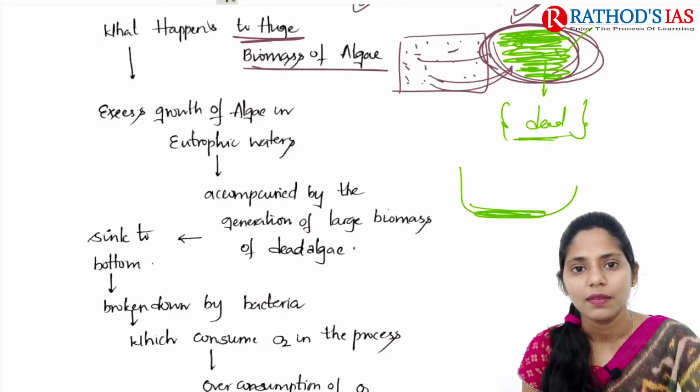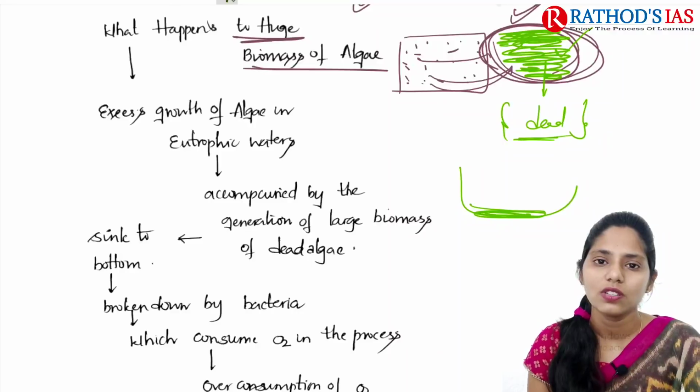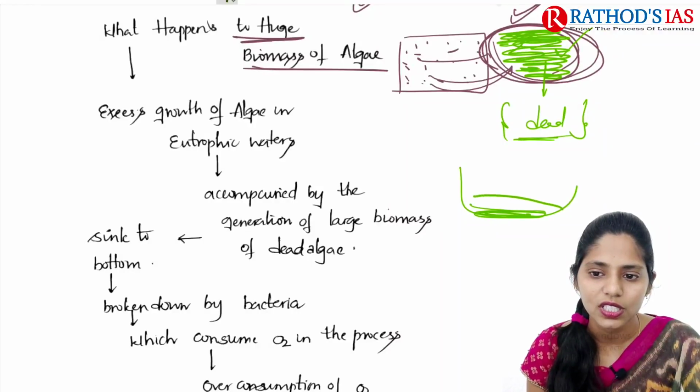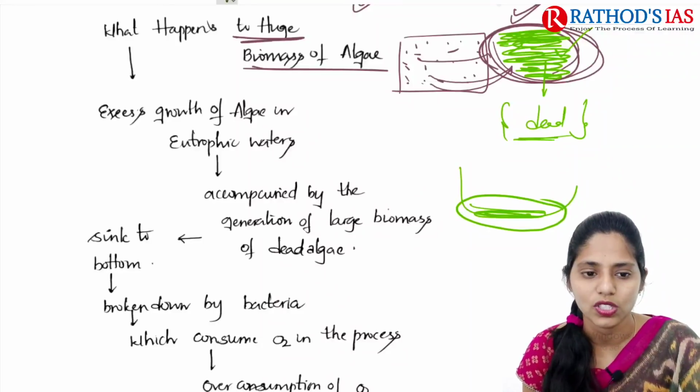After some days, as you know, this algae has a short life span, so it will die. After dying, this algae will settle at the bottom of the water body.